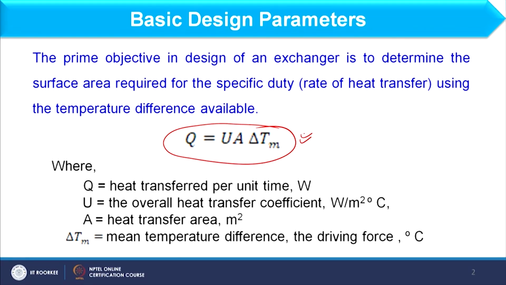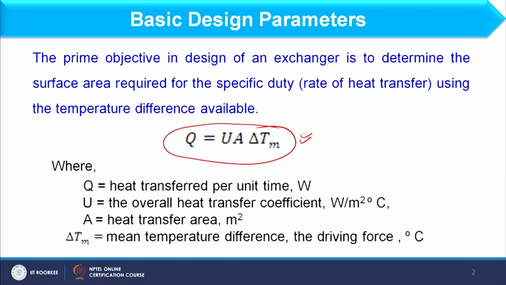However, you can make a correlation between U and A. Correlation means u would be some factor into a, I am not saying that. I am saying that you can make a relation or a connection between u and a. As you are changing u, you can change a. Okay. So, in the basic design equation the different parameters are u, a and delta T m.